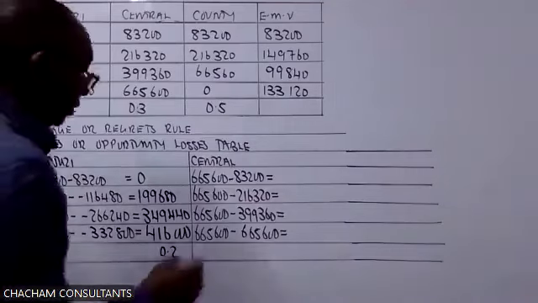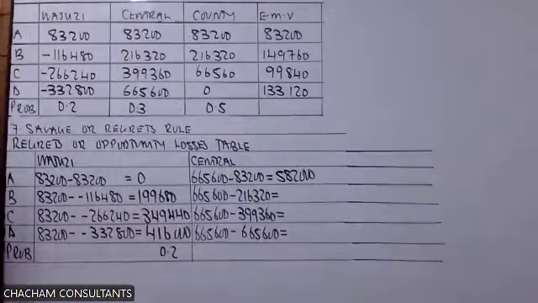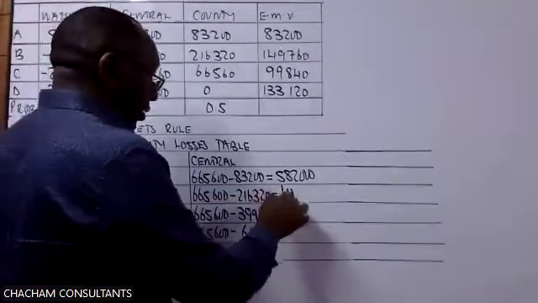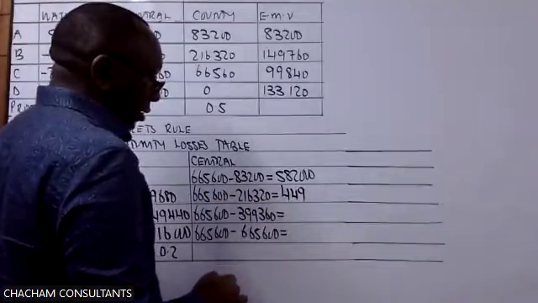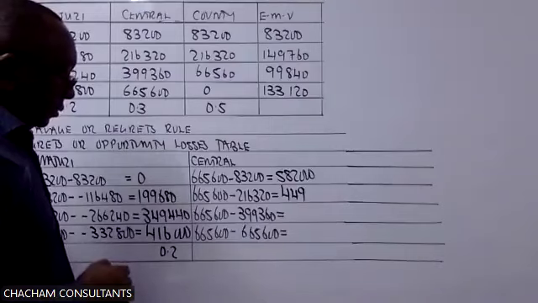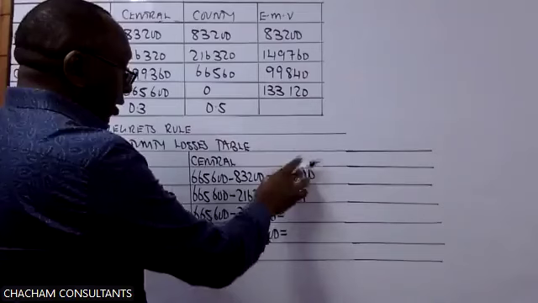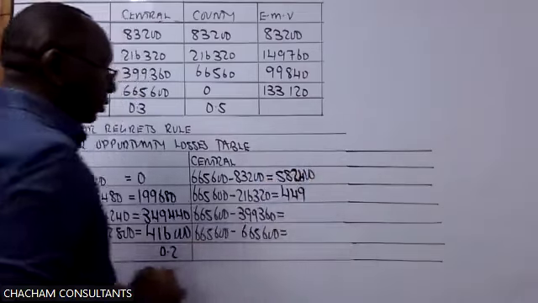The first is 582,400. There should be a 400 because it's 600 minus 200.